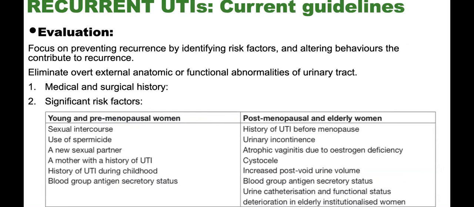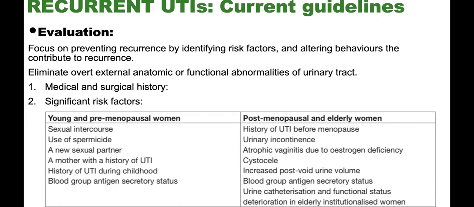So currently, when we manage UTIs, we first evaluate the patient. This evaluation is to focus on preventing recurrence by identifying risk factors and changing patients' behavior that contributes to the recurrence. You want to eliminate any overt anatomical or functional abnormalities that you may find in your assessment.